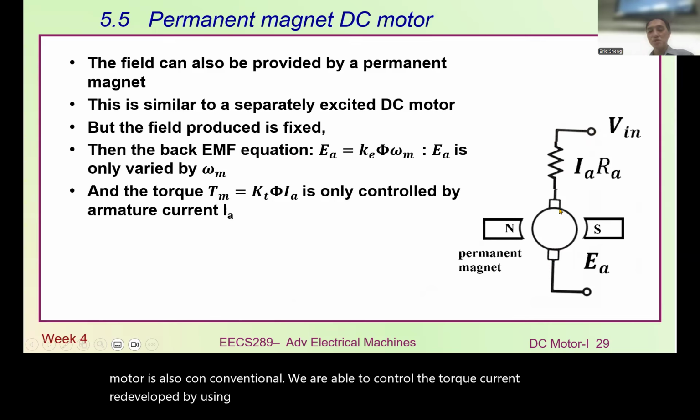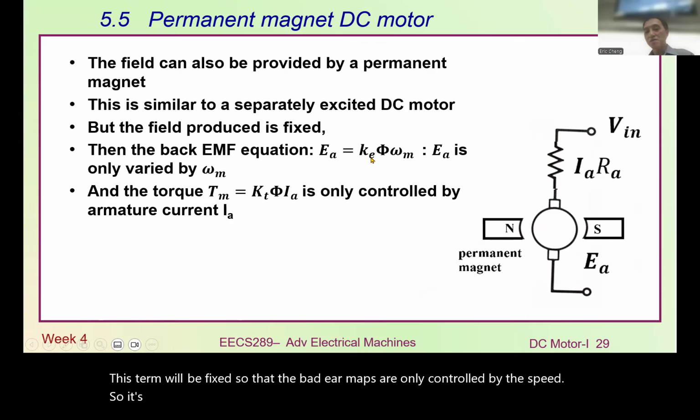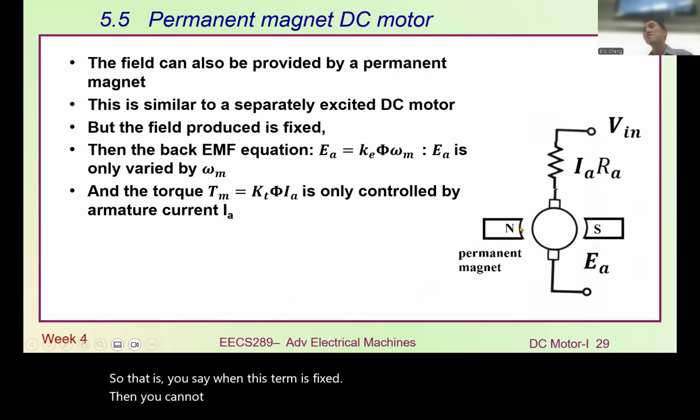But of course, the flux here will be fixed. This term will be fixed. So that means the back EMF is only controlled by the speed. That is to say, when this term is fixed, you cannot have any field weakening. You can't momentarily increase the speed further because that is fixed.